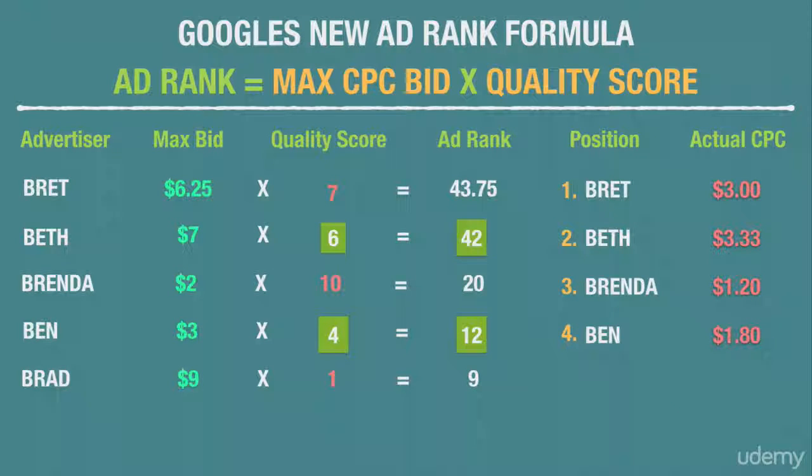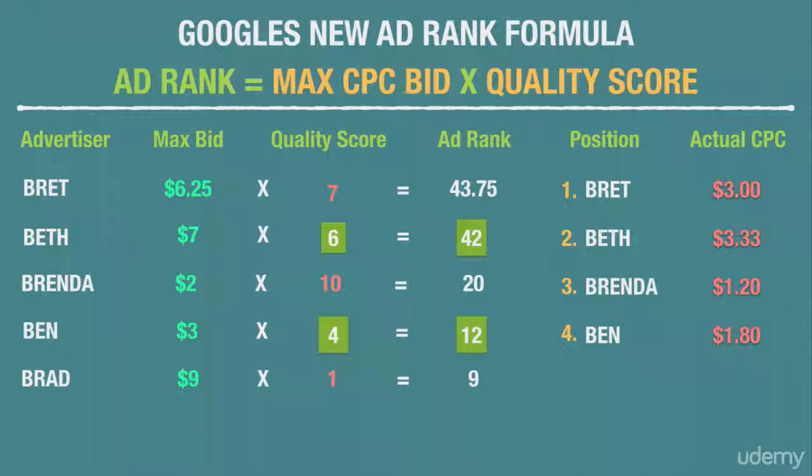And this highlights the mechanics of the auction. The quality of the ads being served by the competitors in any given auction makes a really big difference in the actual CPCs you have to pay. Like we just saw with Brenda and Ben, the worse Ben's quality score is, the cheaper Brenda's clicks become, since Brenda only has to pay the minimum to keep her ad spot over Ben.